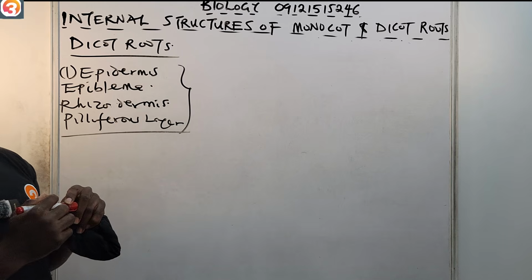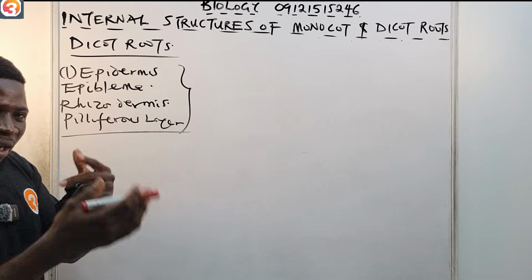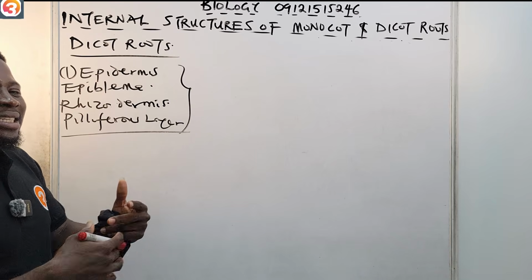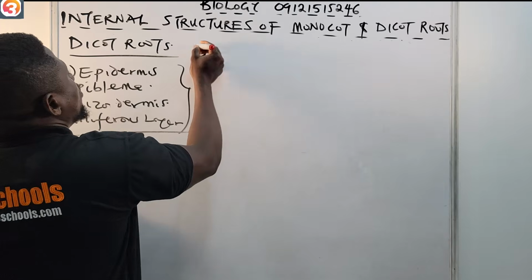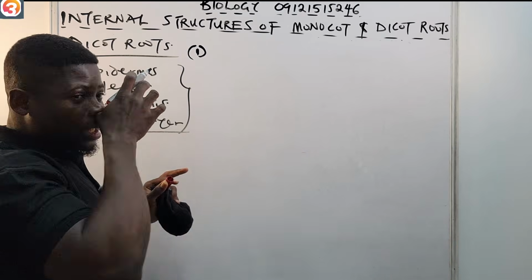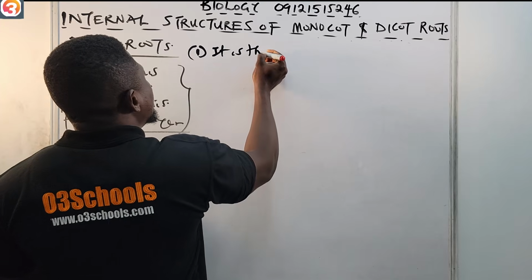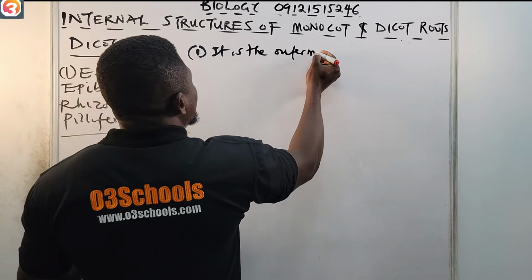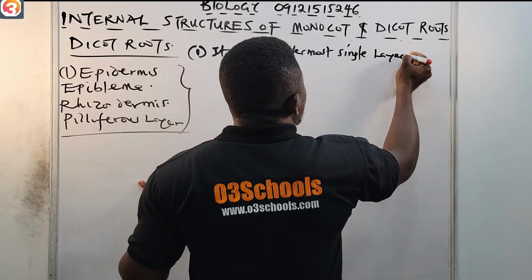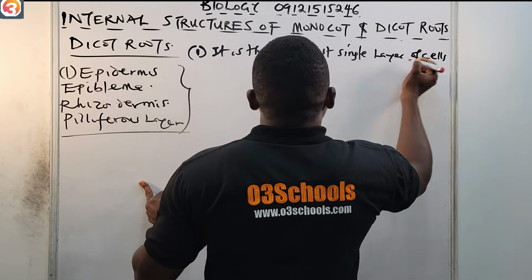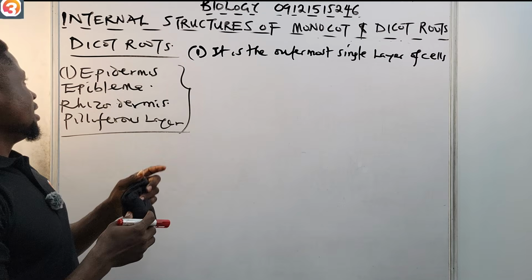Number one, the epidermis is the outermost layer of the cell. Therefore, we say it is the outermost single layer of cells.